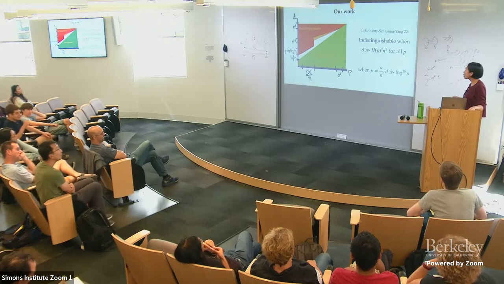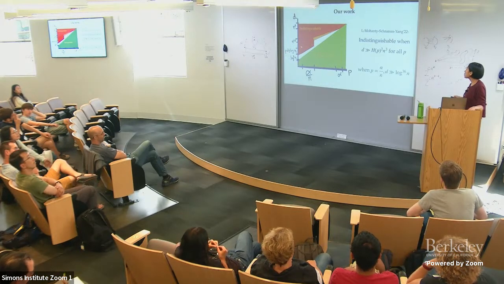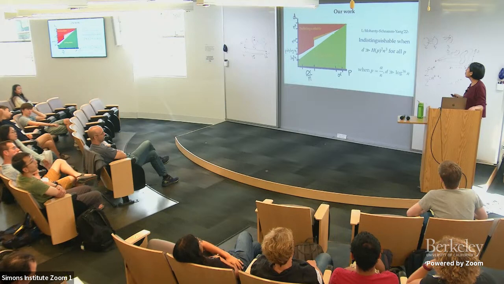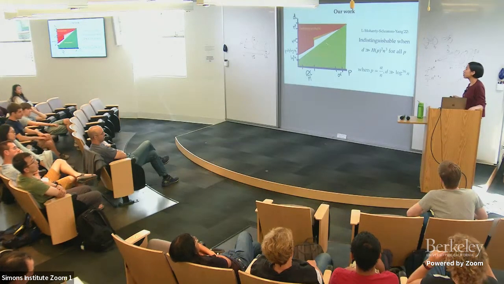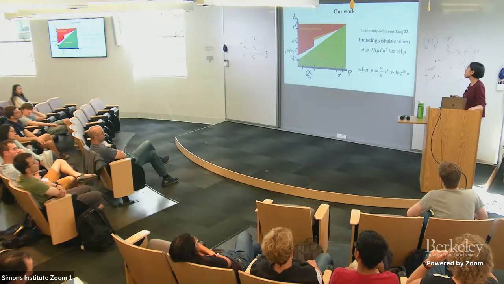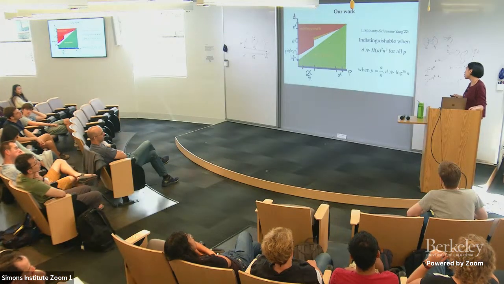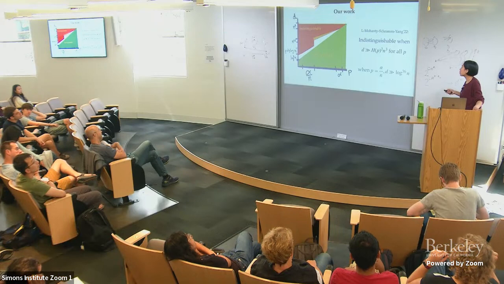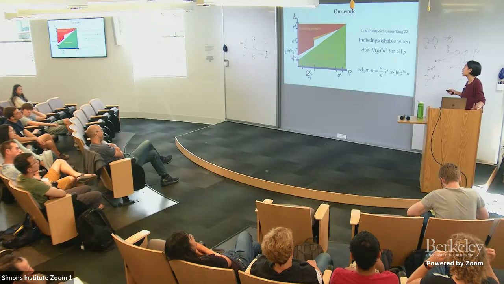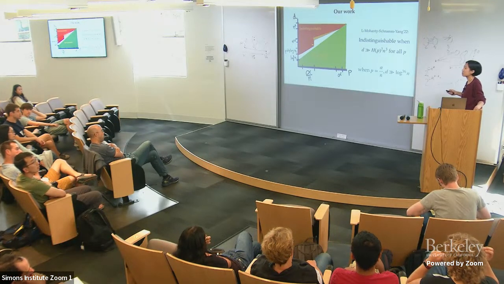In the regime in the middle, I'm more uncertain. I don't know of a way, but there could also be a gap, where something is just not efficiently distinguishable. I think that's possible too.